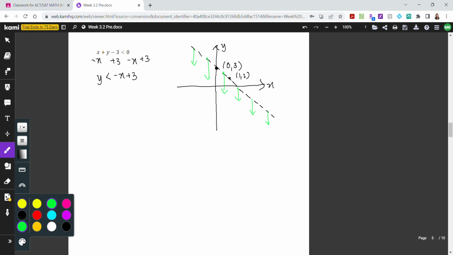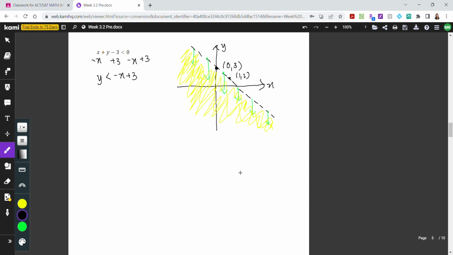All right. So that means any of the values that are in this region, right, would satisfy the inequality. Now, because it is a less than sign, or as you can see, a dashed line, you cannot pick any of the points that are on the line itself.